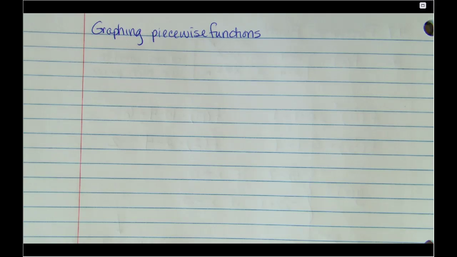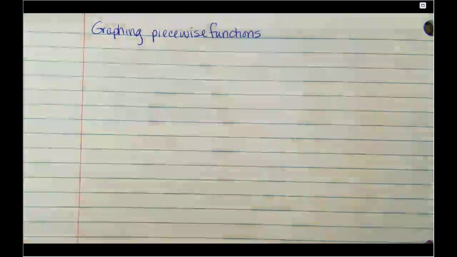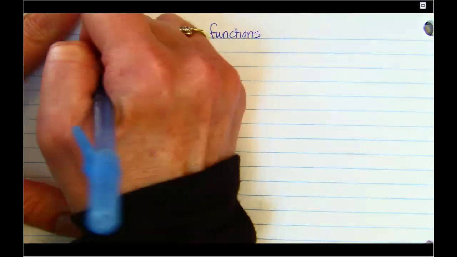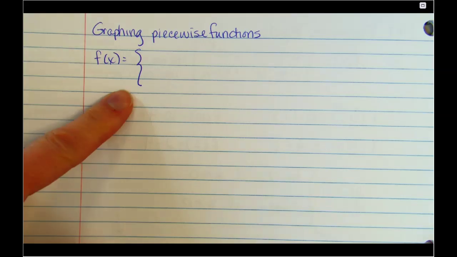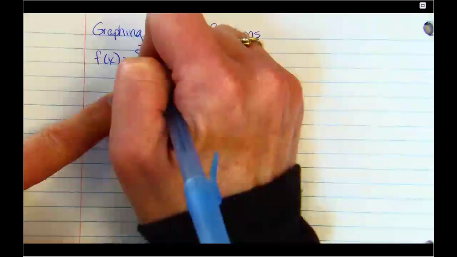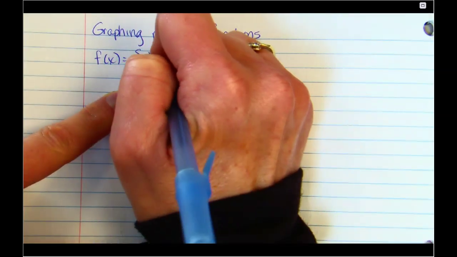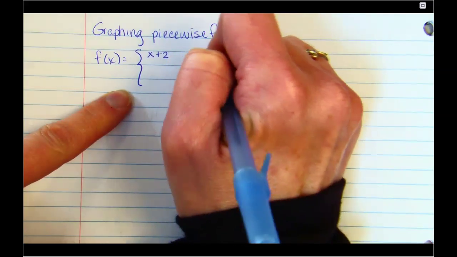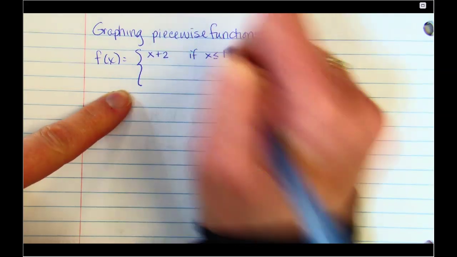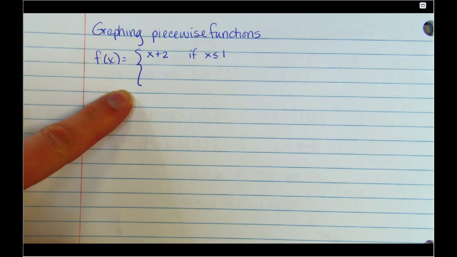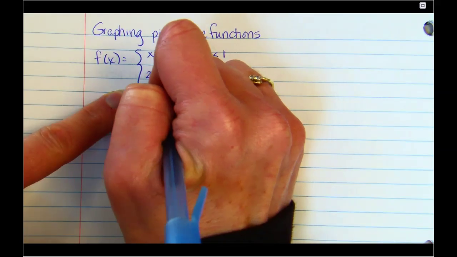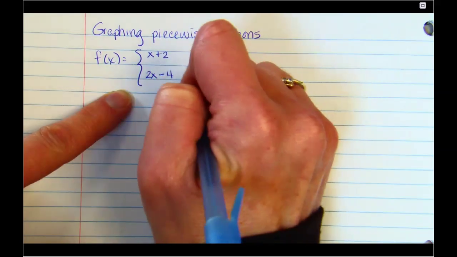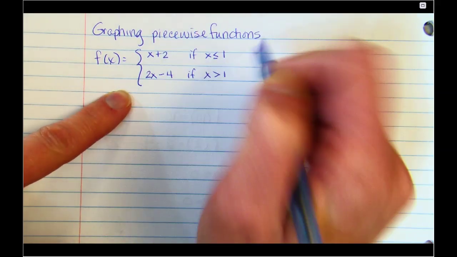So we're going to graph f of x equals x plus 2 if x is less than or equal to 1. And then we're going to graph 2x minus 4 if x is greater than 1.